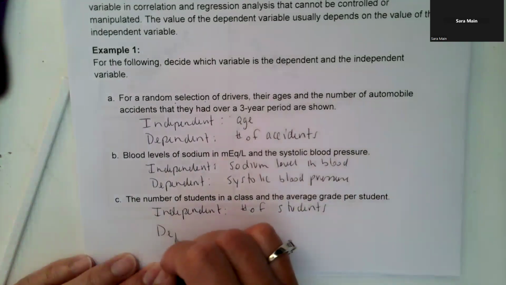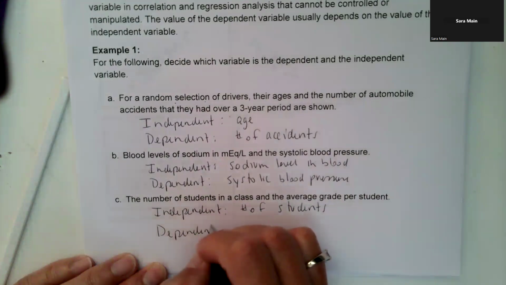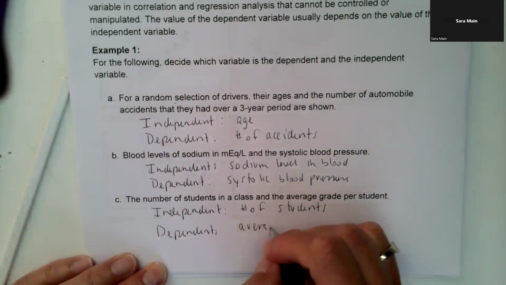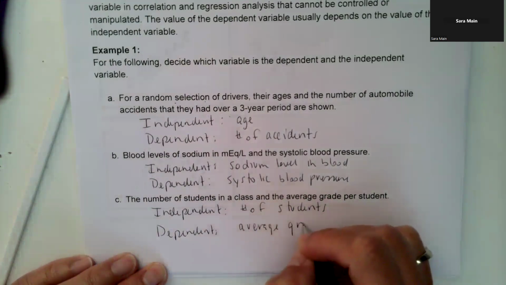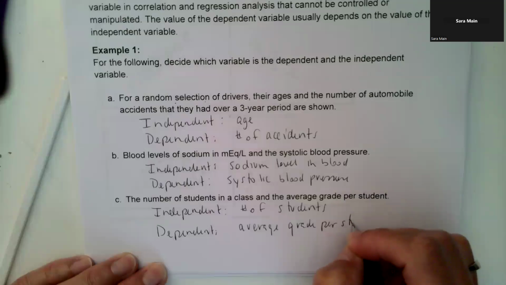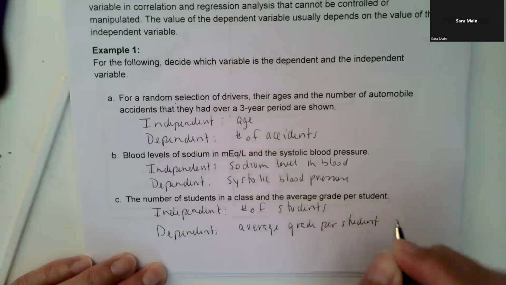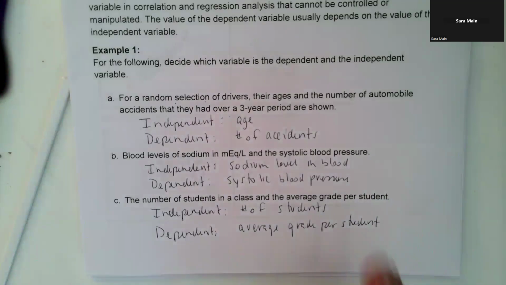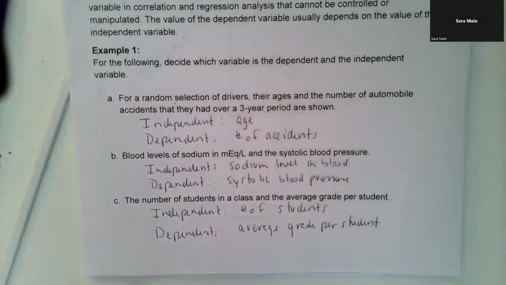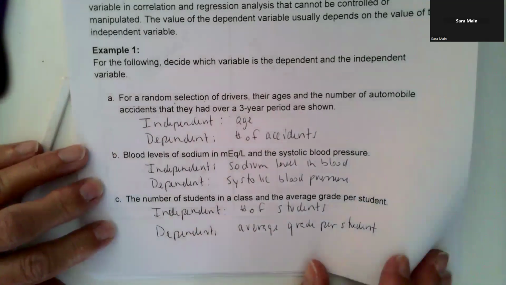And the dependent would be the average grade per student. I'm not saying that there's for sure a relationship between each of these groups of variables, but that's how we would pick out the independent and dependent variables.